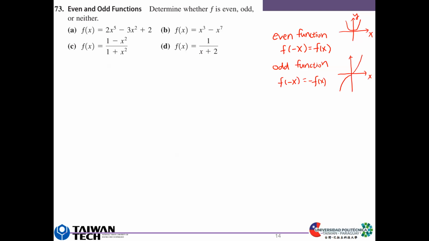This is an odd function. It is symmetric about the origin. Okay. Symmetric about the origin.